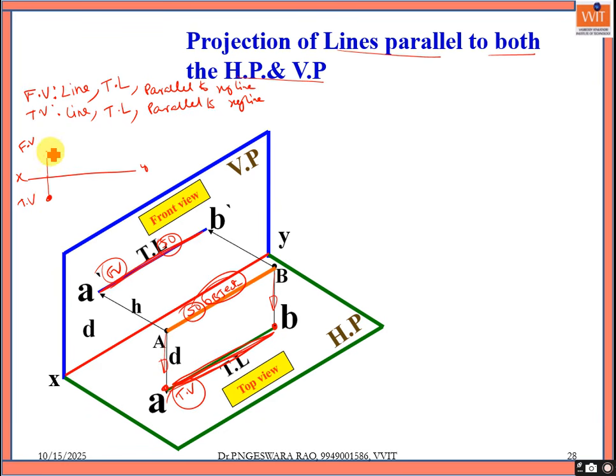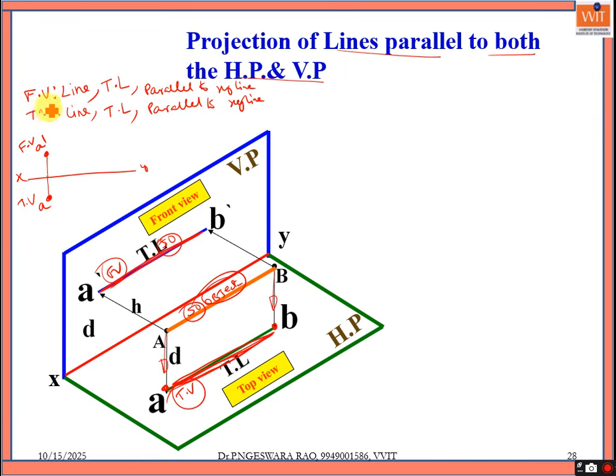So you mark first of all any one end of the line. Let us say the point A, the front view is A dash, the top view is A. Now the front view is above and the top view is below, as we are following the first angle projection, that is the first quadrant.